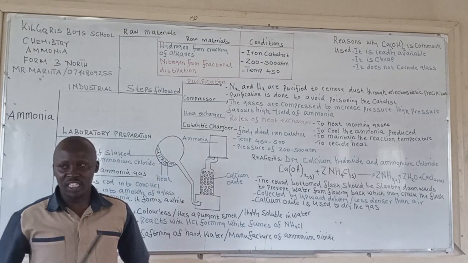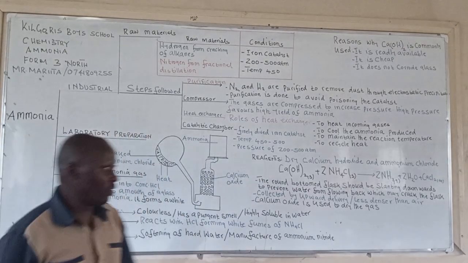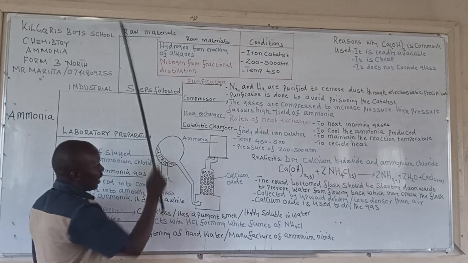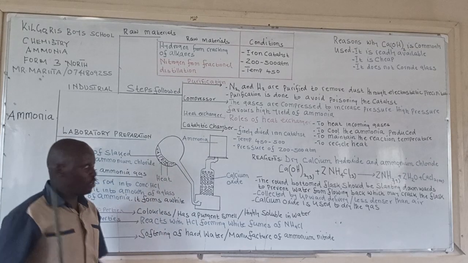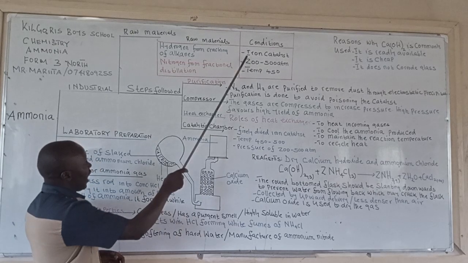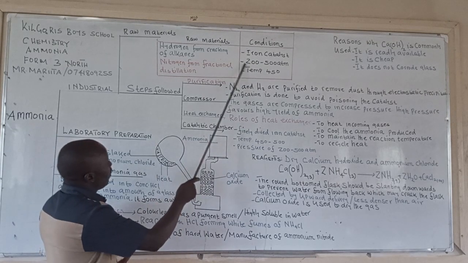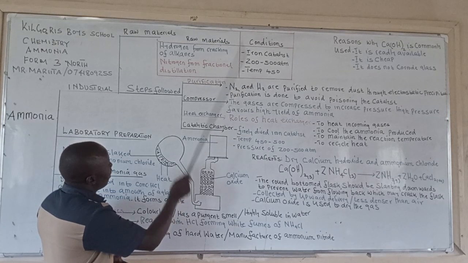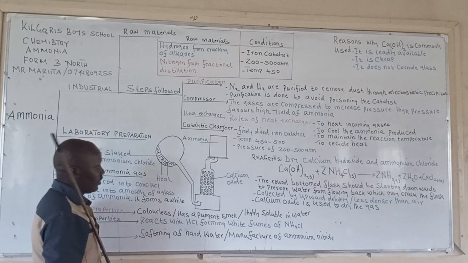So the range is not required when answering this kind of question. Then we have a temperature of 450. So these are the conditions for the industrial process: an iron catalyst, a pressure of 200 to 500 atmospheres, and a temperature of 450.